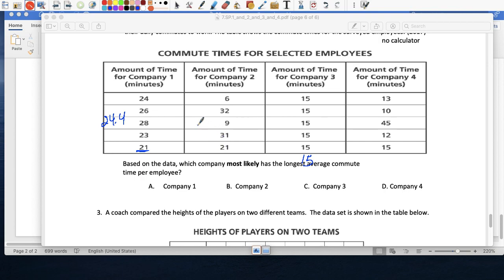This one is 19.8. Okay. So that one's 15, and the last one, 13 plus 10 plus 45 plus 12 plus 15, divided by 5, 19. So this one has the highest average. So company 1. Right.